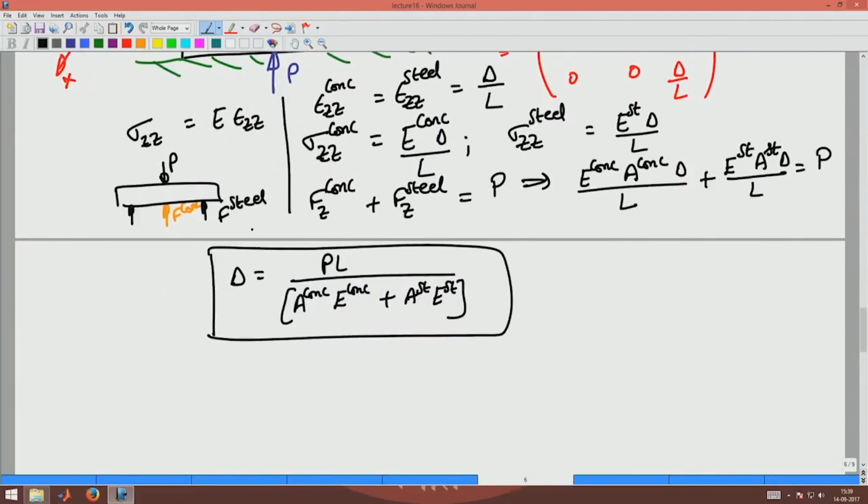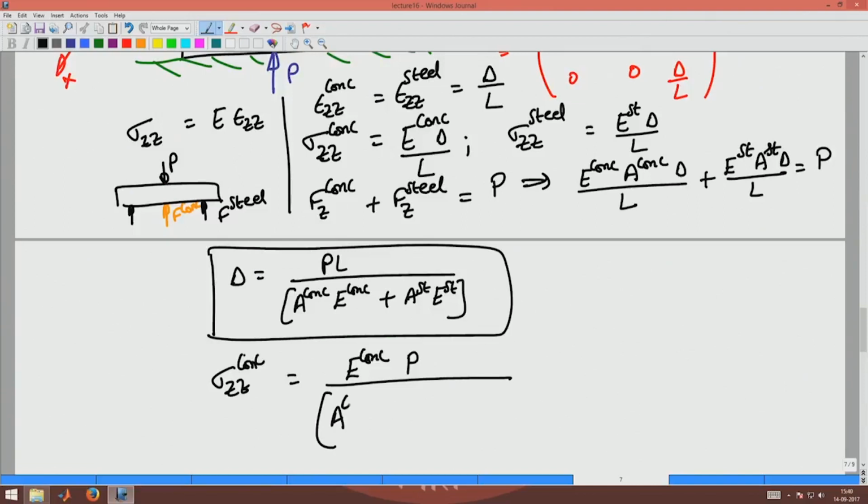So, coming back to the expression for the stress in the concrete, sigma ZZ of concrete would be E of concrete into delta by L. So, that will be P divided by area of concrete times Young's modulus of concrete plus area of steel times Young's modulus of steel.